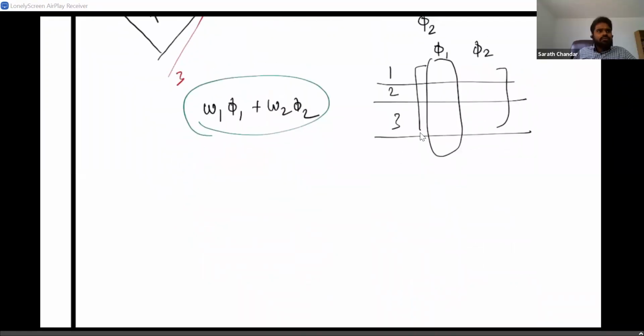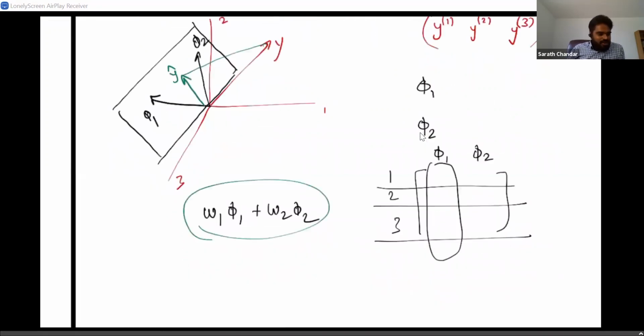Someone in the chat asked if I could explain this part a little more. This requires a bit more time. We are trying to understand what linear regression is trying to do.